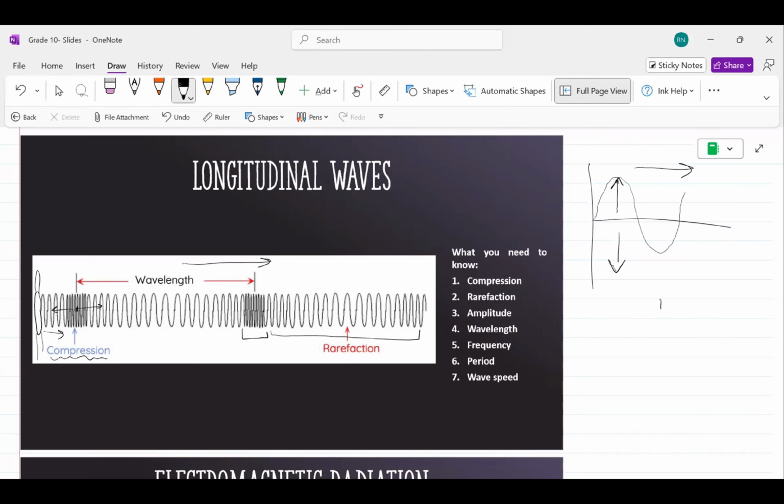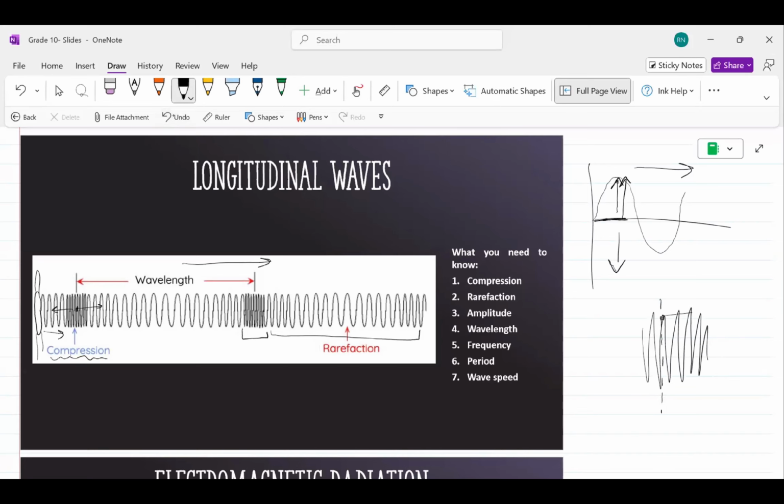How we had our amplitude before be between this rest position and the top of the crest. What you'll see is that because your particles move from left to right, there's an equilibrium position before they get to, so like you'll get a very, very tightly compressed section, right?